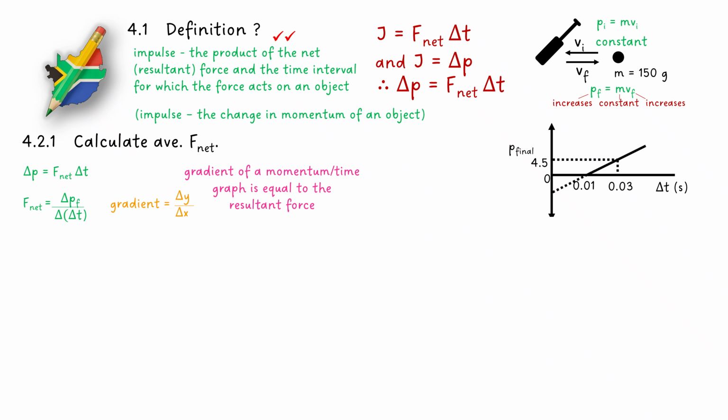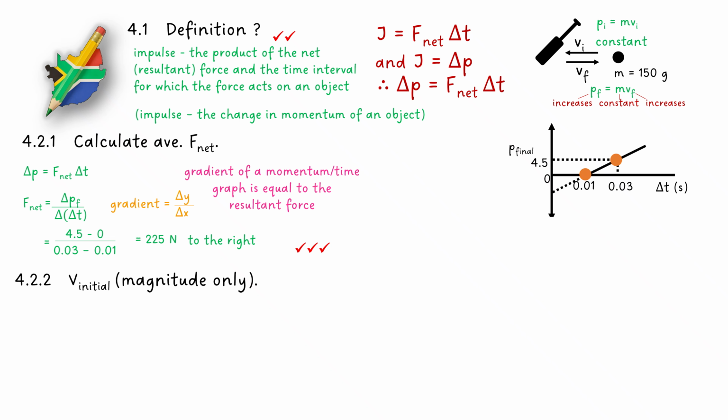To get the gradient, first we need to choose 2 points from the graph. If we take these 2 points and put in their respective x and y values, we get 225 newtons as the average net force applied by the bat to the ball. And this is to the right, or in the opposite direction to the initial motion of the ball.